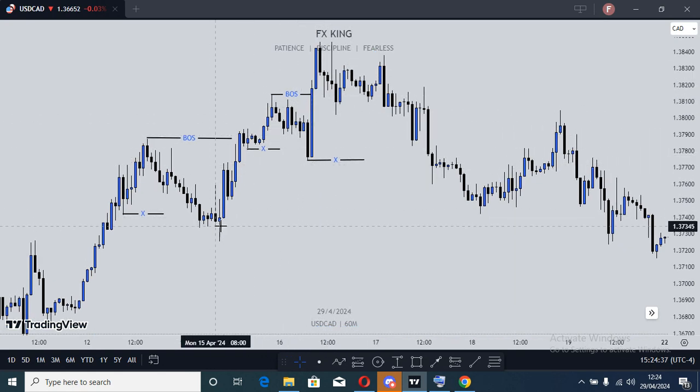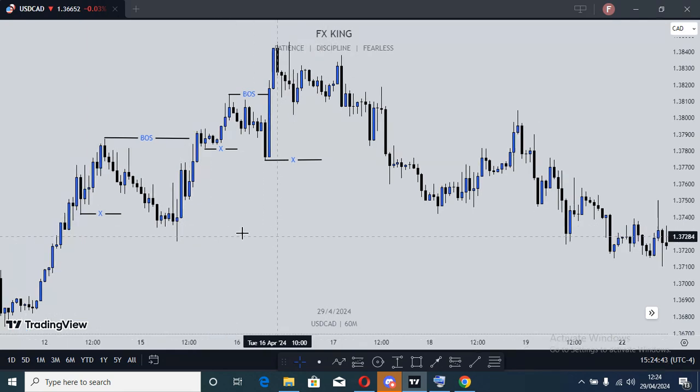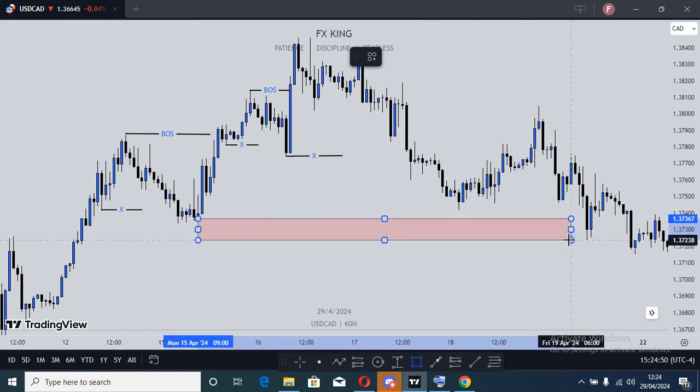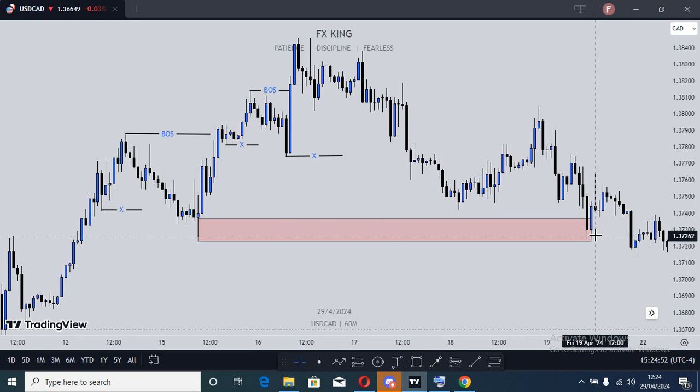So you just backtrack, but if you look here, this was already mitigated, and unless you want to use the wick of this, something of this sort, you extend, and if you get a small time frame confirmation here, you can look to buy.